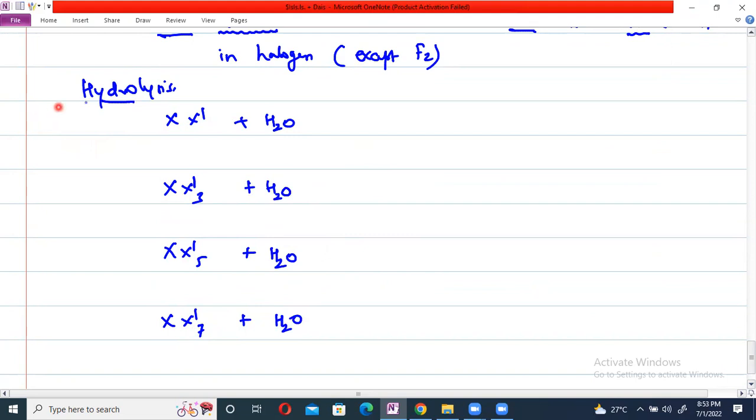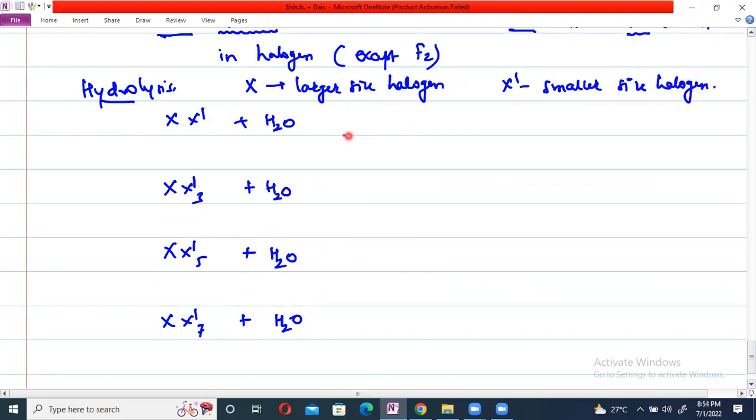But what does this X indicate here? Just now I told you X is a larger size halogen and X' is a smaller size halogen. When they combine with each other, they can form the compound called hydrogen halide.